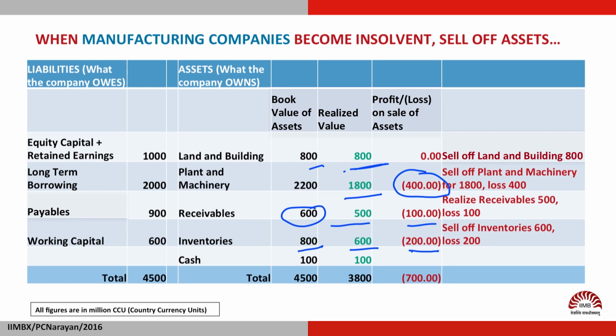So by virtue of liquidating its assets, the loss suffered by the company is 400 plus 200 plus 100, which works out to 700 currency units. So the total assets, which were valued at 4,500, when disposed of, realized 3,800 in cash, and the company had to book a loss of 700.